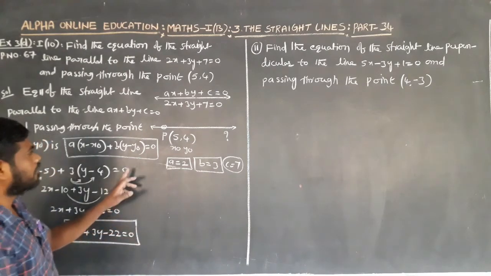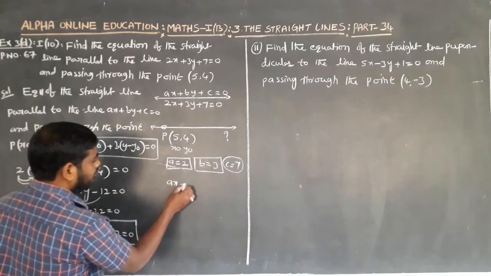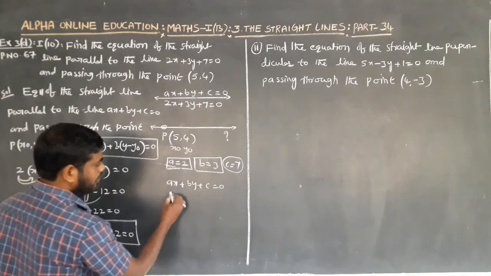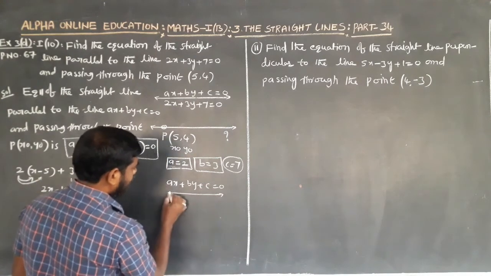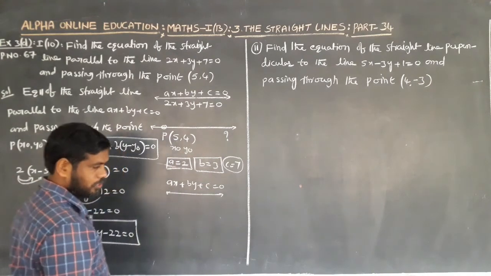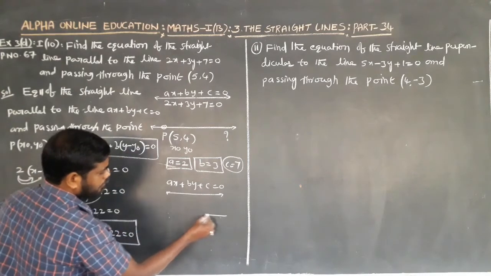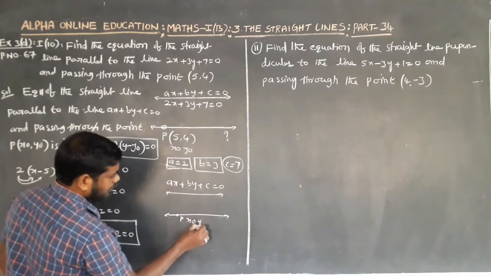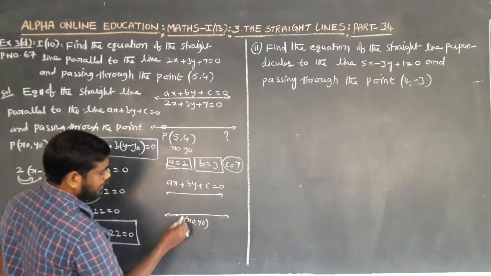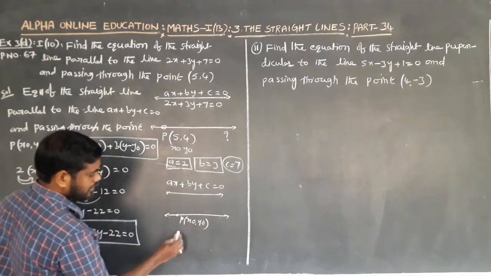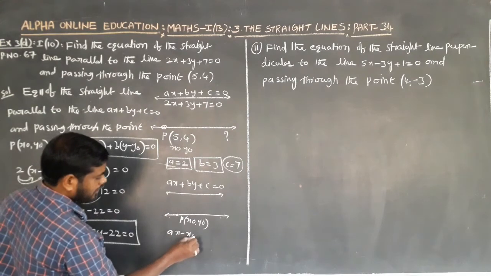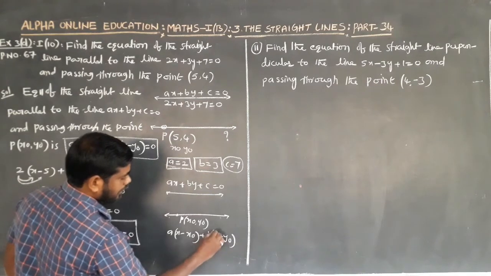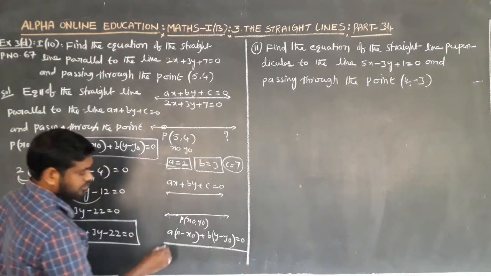Here, by using the formula, a line passing through the point x0, y0 and parallel to the line ax plus by plus c is equal to 0 is a into x minus x0 plus b into y minus y0 is equal to 0.